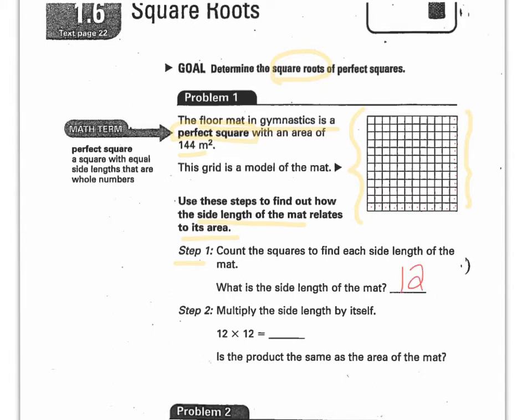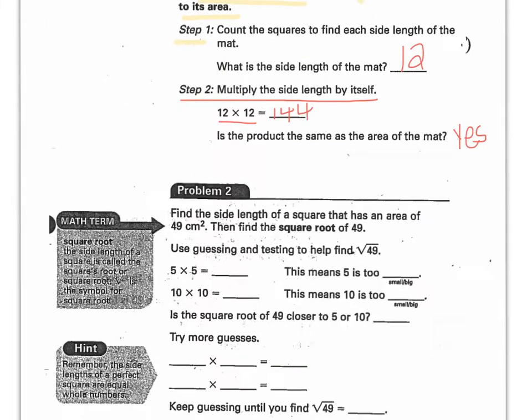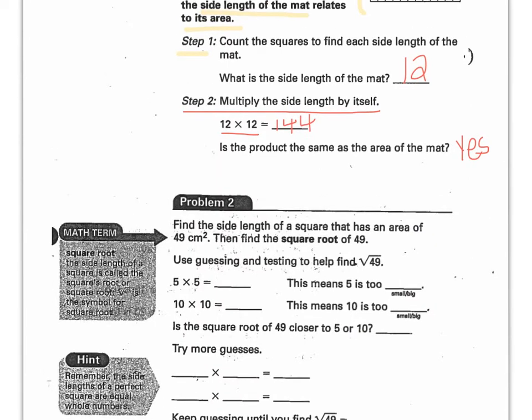We are going to multiply the side length by itself. 12 times 12 is 144. Is the product the same as the area of the mat? Yes, it is. 144 is a perfect square because it has equal sides of 12.